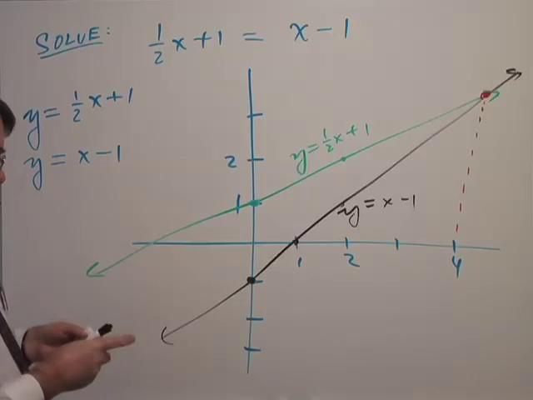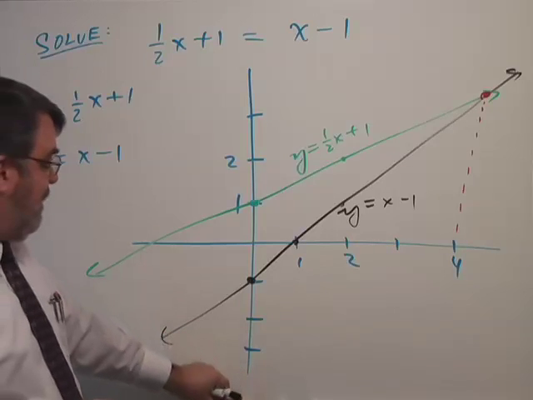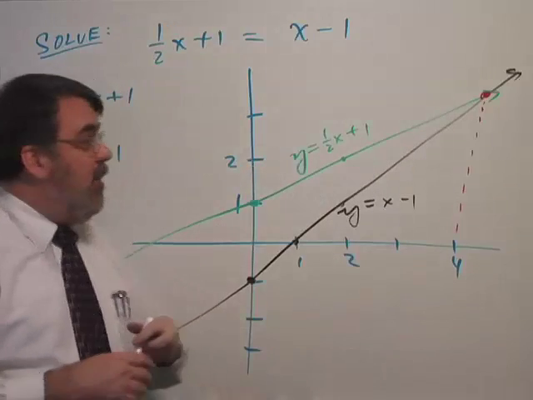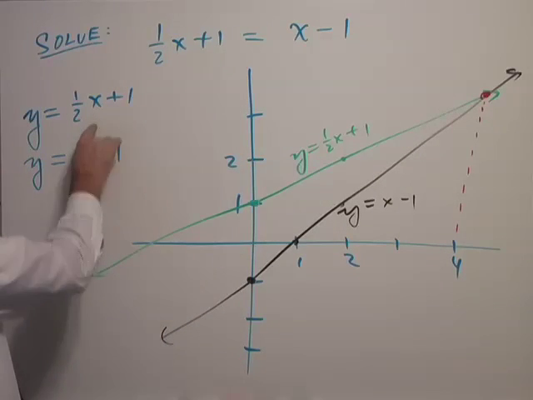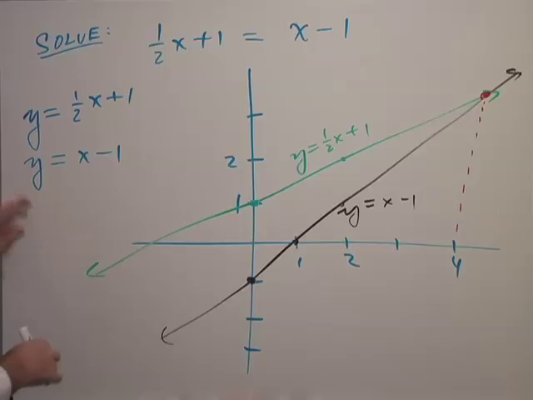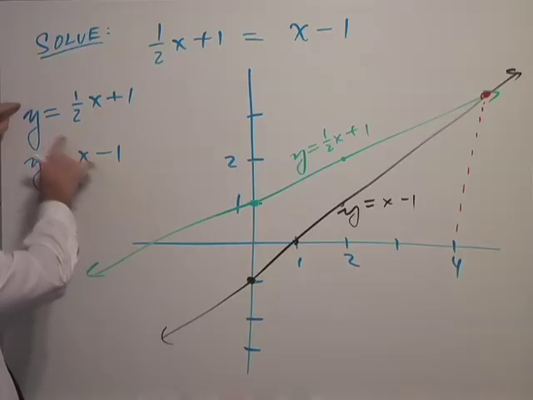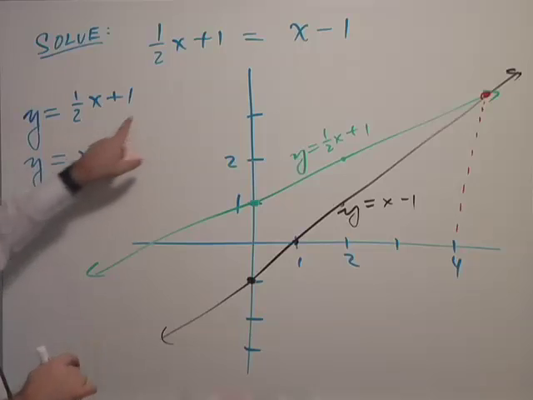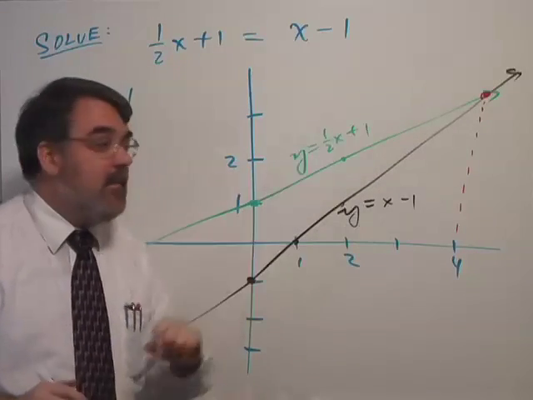The intersection point of these two graphs is going to be the answer to this problem. And why is that? Because if we set these equations equal to each other, y equals that and y equals that, where do they coincide? They coincide when the y values are the same. And so if I equate the y values, it's the same as constructing this equation.